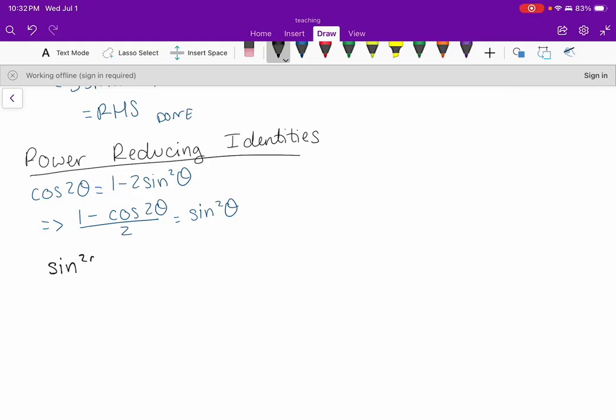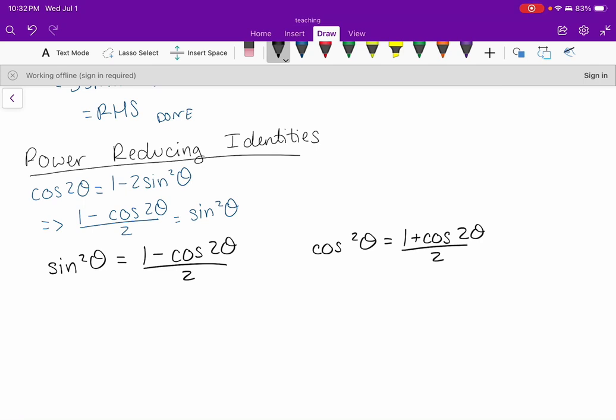So sine squared theta is equal to 1 minus cosine 2 theta divided by 2. Cosine squared theta is equal to 1 plus cosine 2 theta divided by 2. And of course we'll do a tangent. Tangent squared theta is equal to 1 minus cosine 2 theta divided by 1 plus cosine 2 theta.